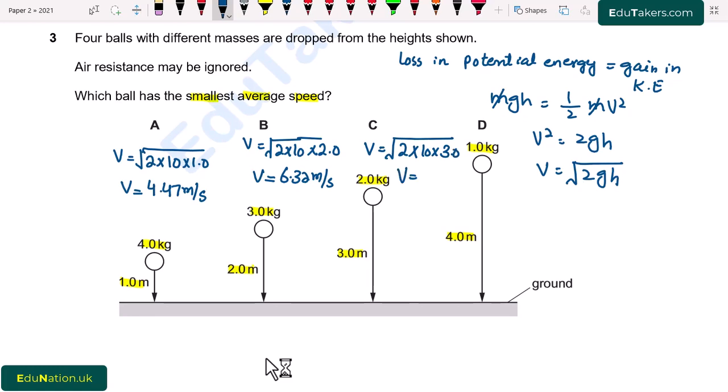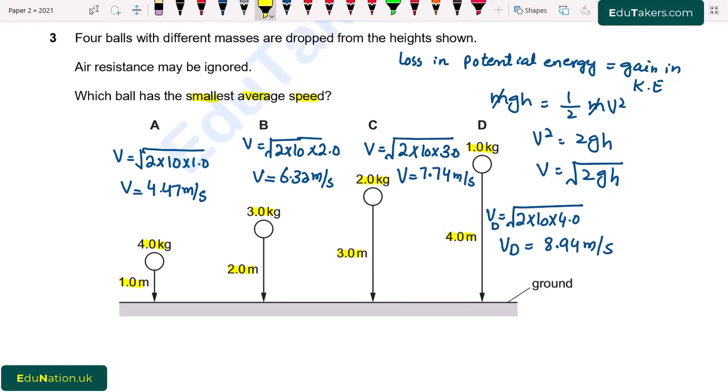So the value of average speed will be equal to 7.74 meter per second. For ball D, v will be equal to square root of 2 multiplied by 10 multiplied by 4.0. So the speed comes to be 8.94 meter per second.